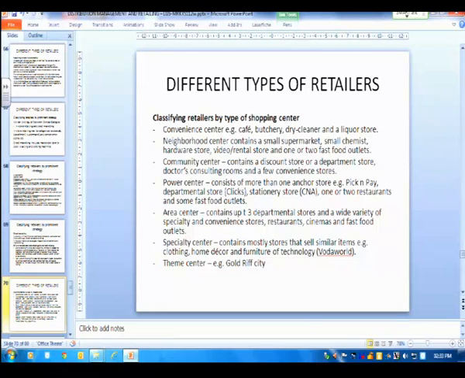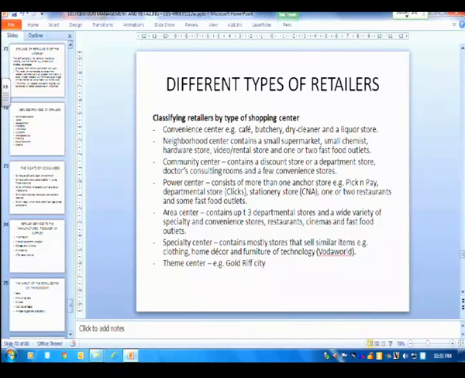And then specialty center, this contains mostly stores that sell similar items, e.g. clothing, home decor, and furniture, or technology, like for example Vodaworld. And then lastly, a theme center, e.g. Gold Reef City.